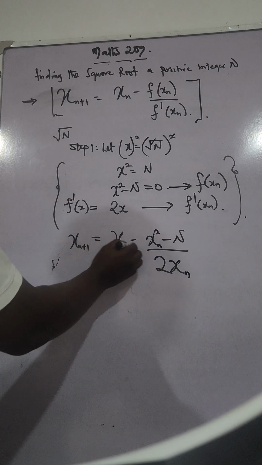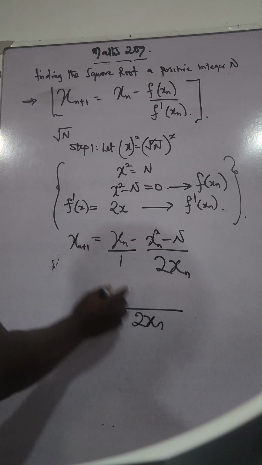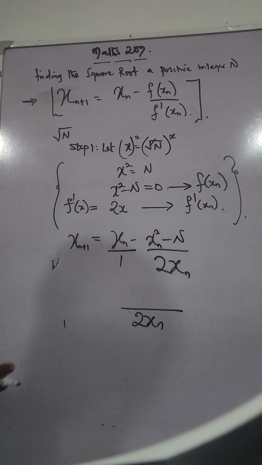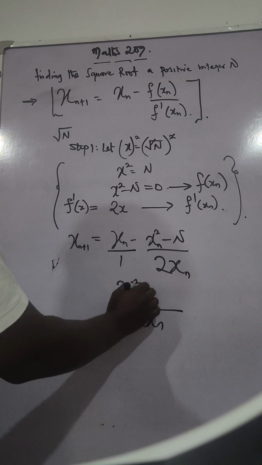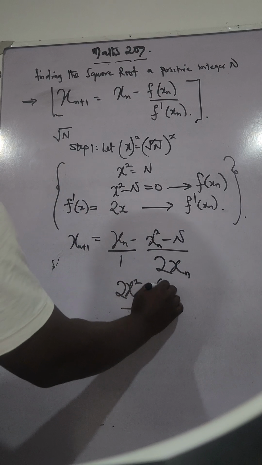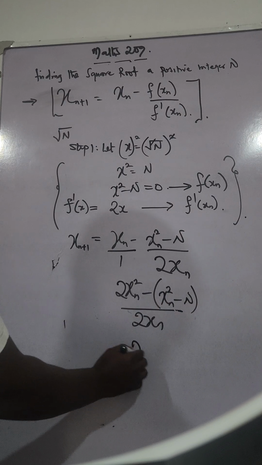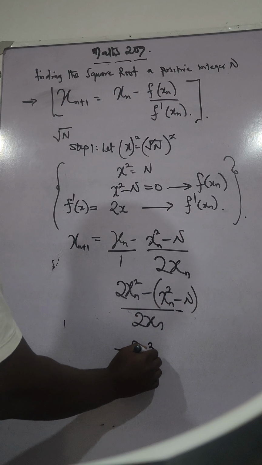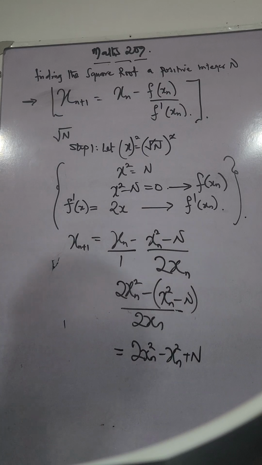So that we can collect the LCM. If I collect the LCM of this, how many times will this go in this? 2x n. 2x n multiplied by x n is 2x n squared minus, this in this is 1 multiplied by this, x n squared minus n. So you're going to have 2x n squared minus x n squared plus n. Why is it a plus?